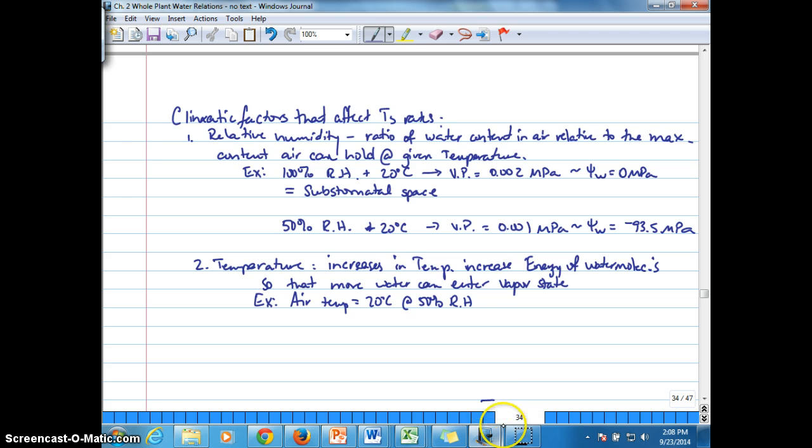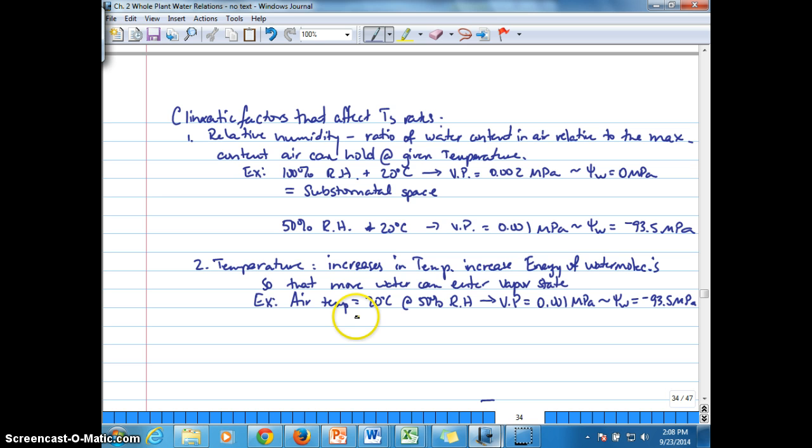And again, we've already seen how that's going to create a vapor pressure of 0.001 megapascals, and that's again going to have that water potential of negative 93.5, just like we wrote up here for cutting the relative humidity in half.